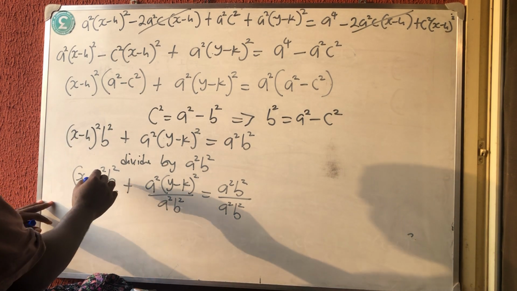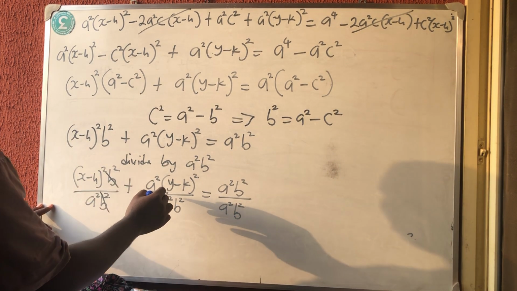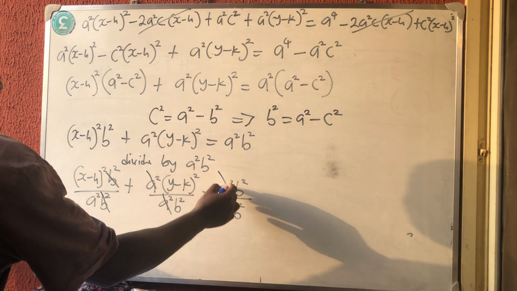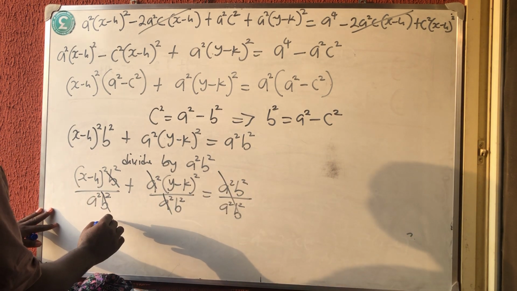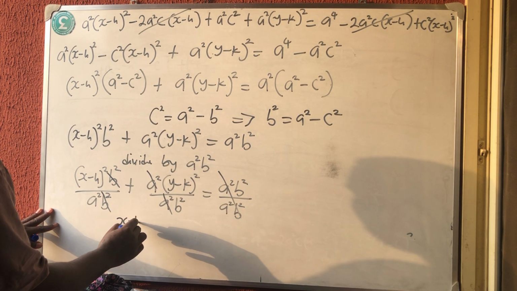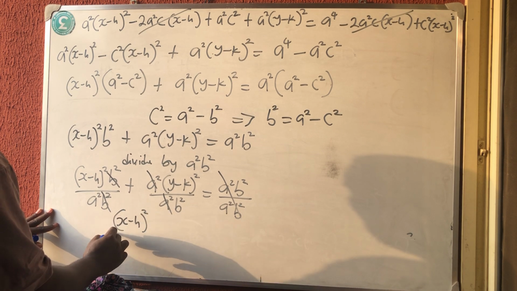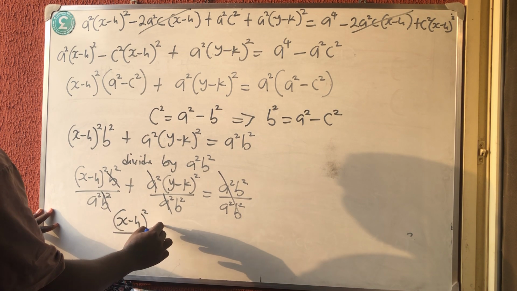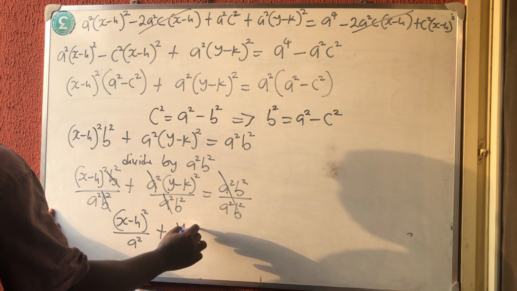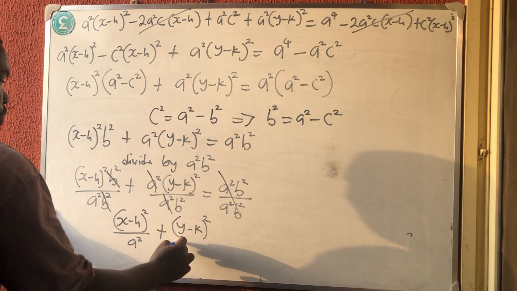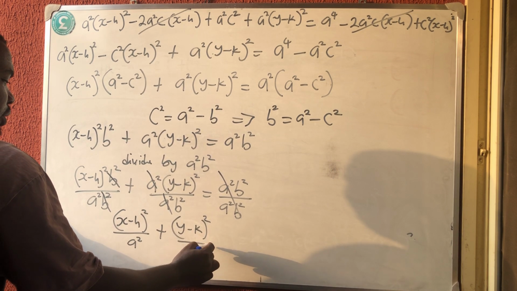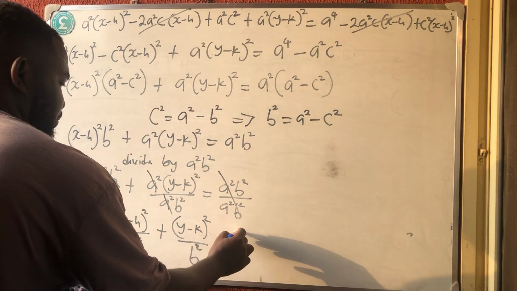So what and what can cancel out? This can cancel this, this one can cancel this one, and this one cancel this. So I'm left with x minus h all squared over a squared plus y minus k all squared over b squared is equal to 1.